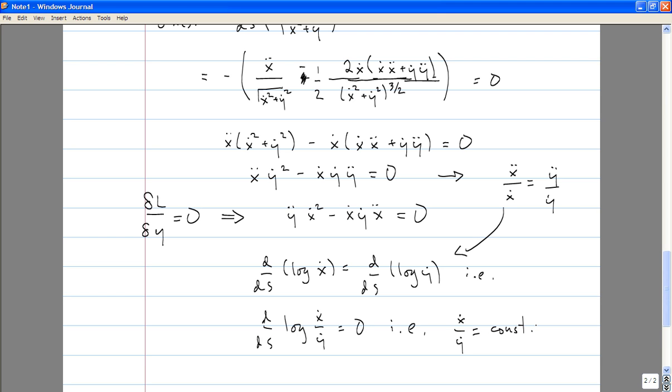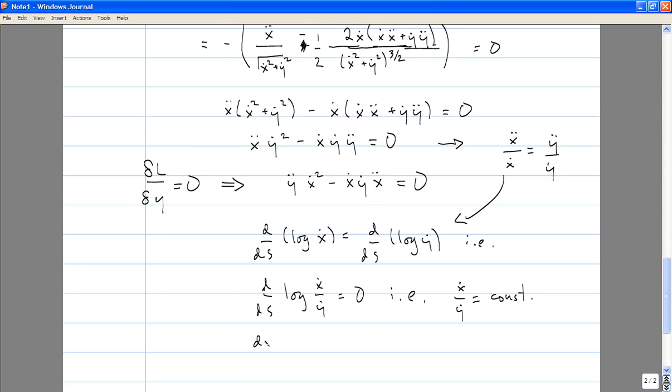So remember here that we are thinking of x as a function of s. X dot is dx by ds. Y dot is dy by ds. So if you think of x as a function of y, then this is just the statement that dx by dy is equal to a constant.